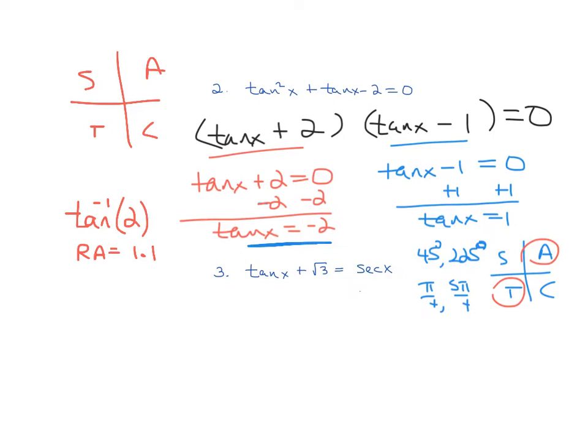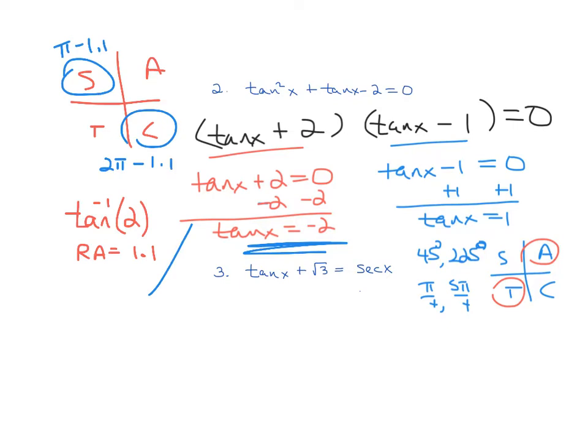This time I'm looking where tangent's negative, so it's here and here. So to find my answers for this one, I'm going to do up here pi minus 1.1, and here 2 pi minus 1.1.